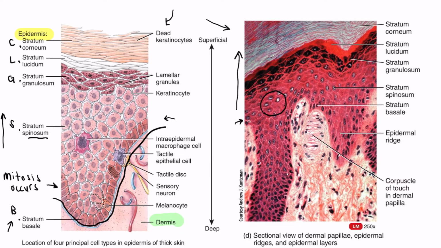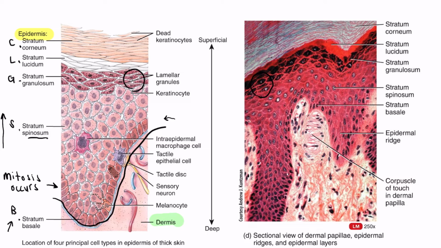Superficial to the stratum spinosum, we have the stratum granulosum. Stratum granulosum is called that because it looks granular. Notice in here you can see these dots. You can see granules. It's drawn over here really well. And this is a big turning point for our epithelial cells, for our keratinocytes, because this is where they go to die.